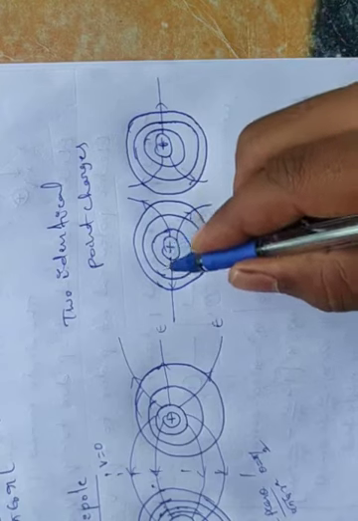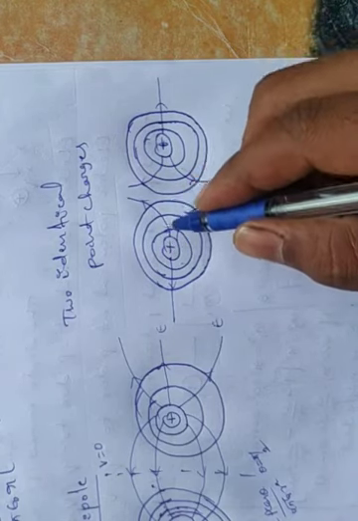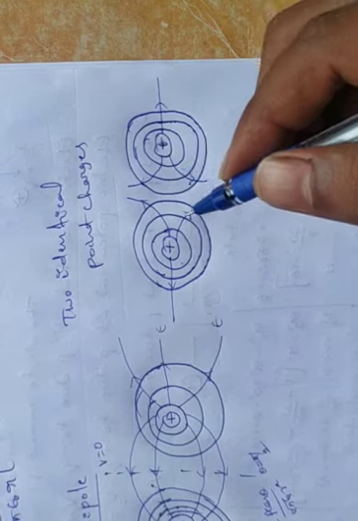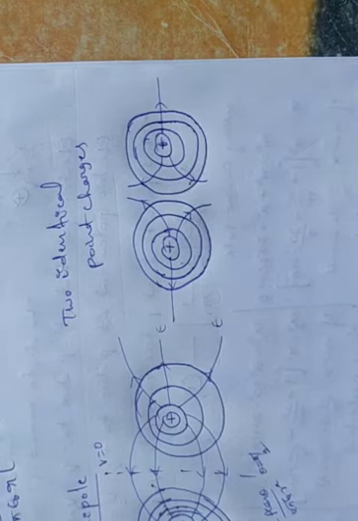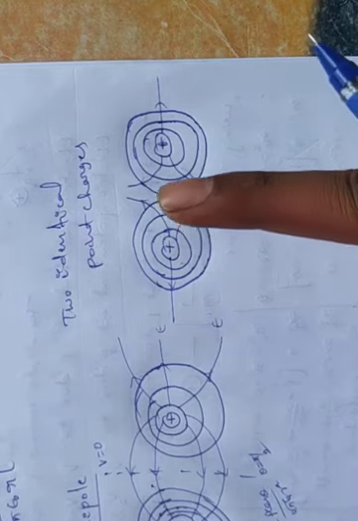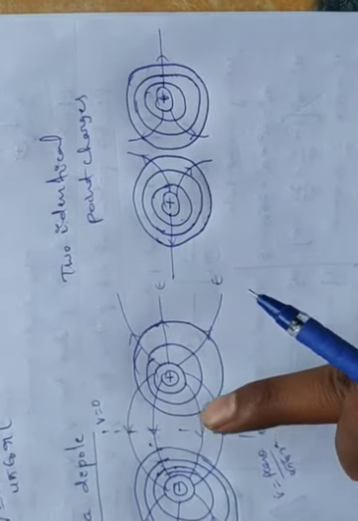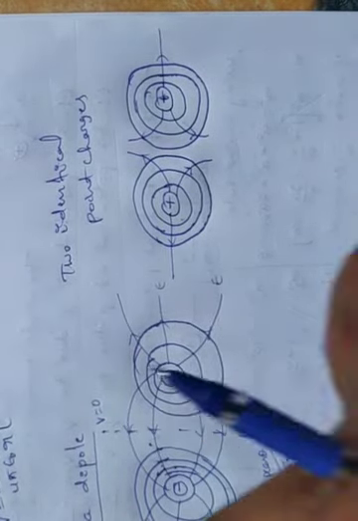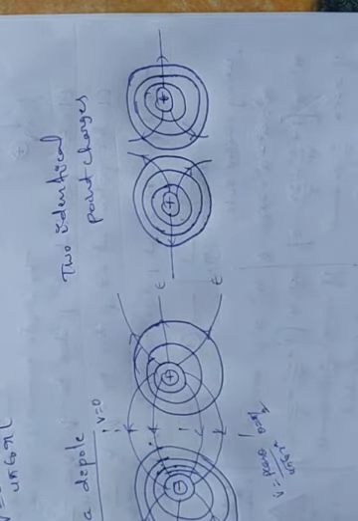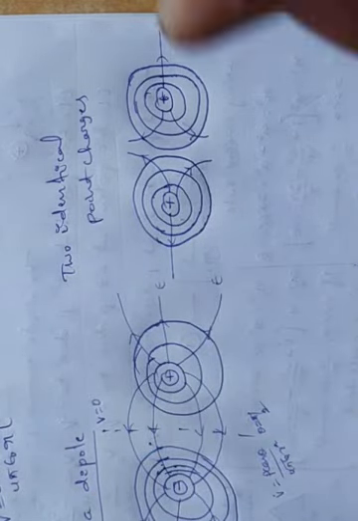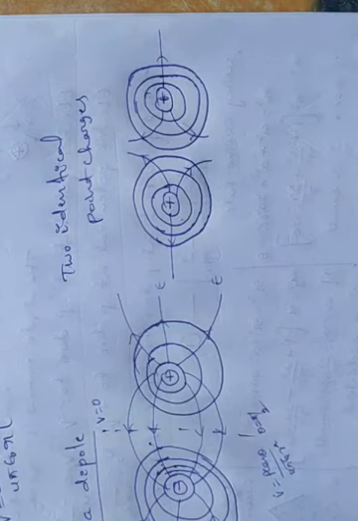Compared to this side, here the space is more because they repel each other and the potential will be less in that case. So these are the equipotential surfaces for the two identical charges, and this is the equipotential surface for the dipole or two opposite charges, and we have already seen the equipotential surface for a point charge and for a uniform electric field. So this is the concept of equipotential surface.